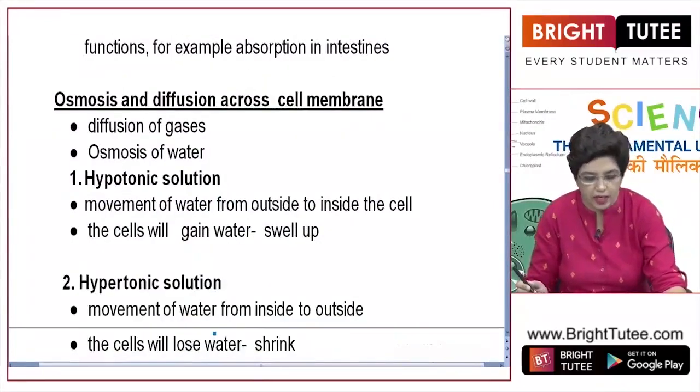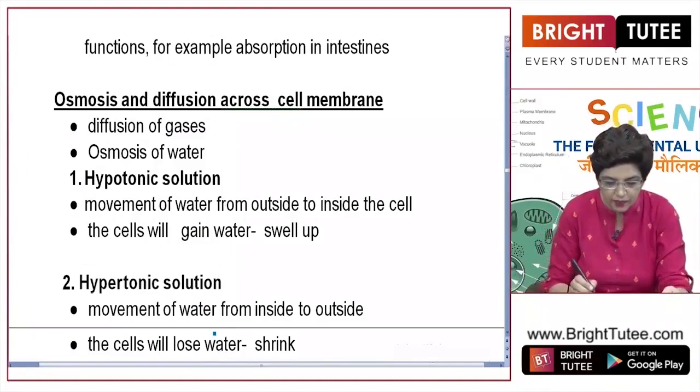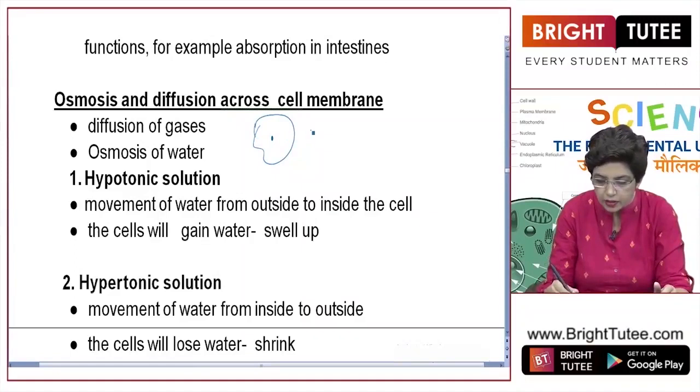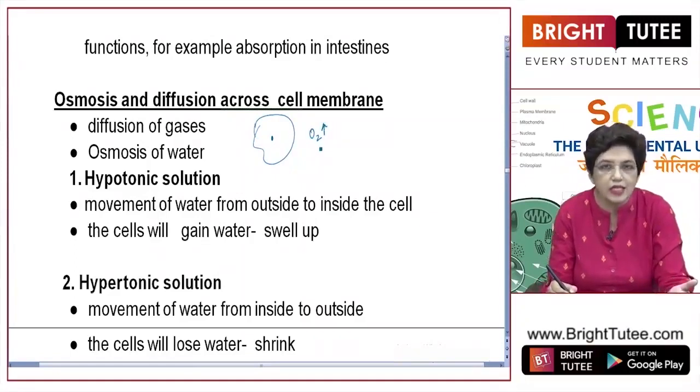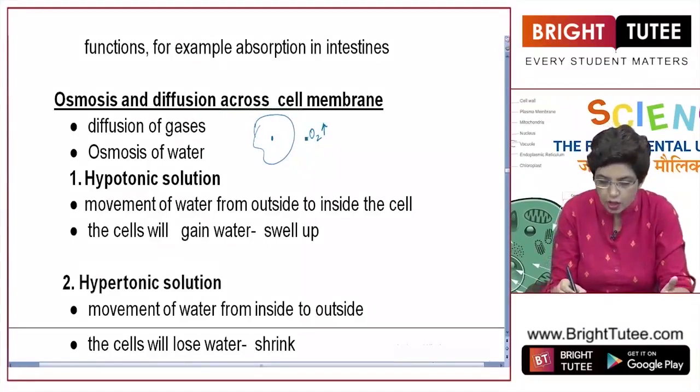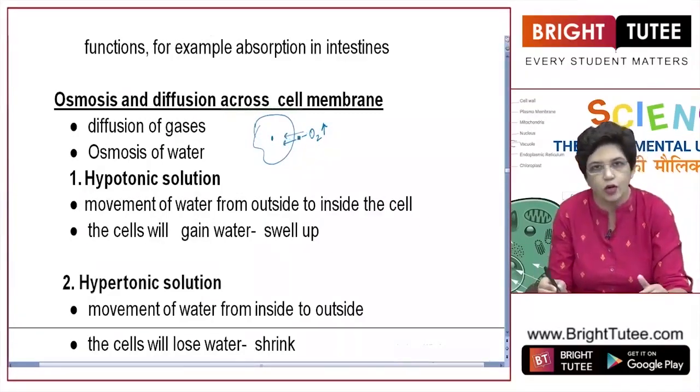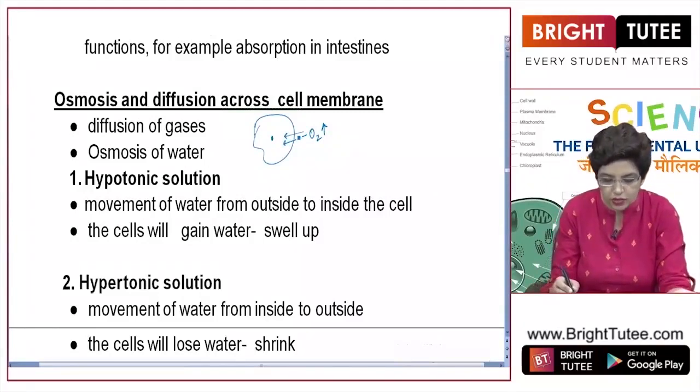Next, let me take up osmosis and diffusion across the cell membrane in detail. Diffusion I just told you, is of gases, and osmosis is in the case of water. Suppose this is an amoeba cell, and the oxygen concentration is higher outside and the cell needs oxygen for respiration. What will happen? Oxygen will move inside from higher concentration to lower concentration.